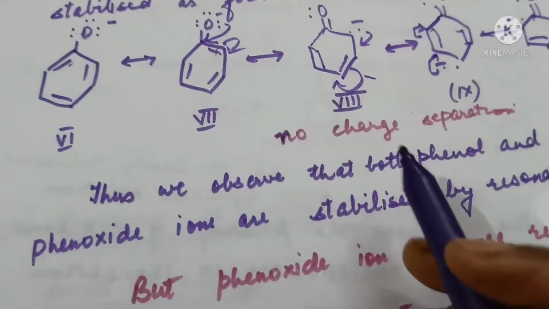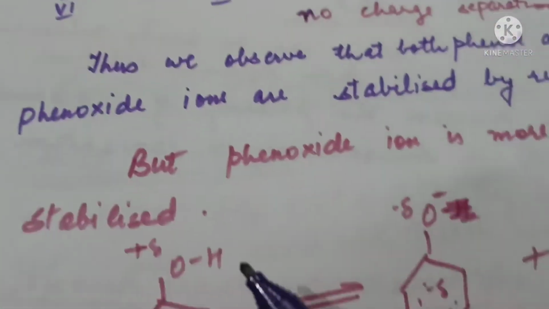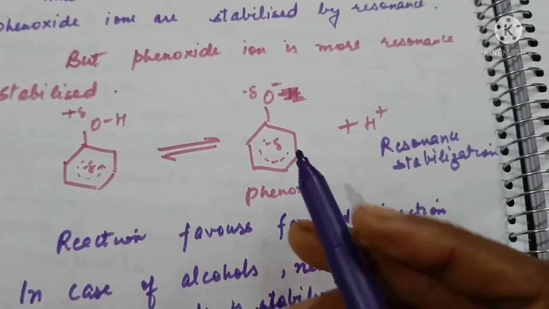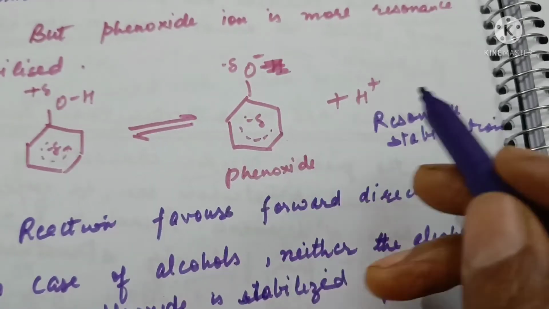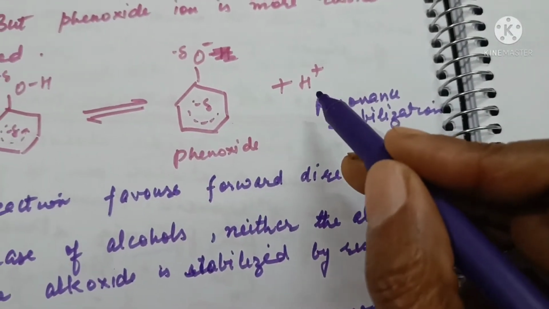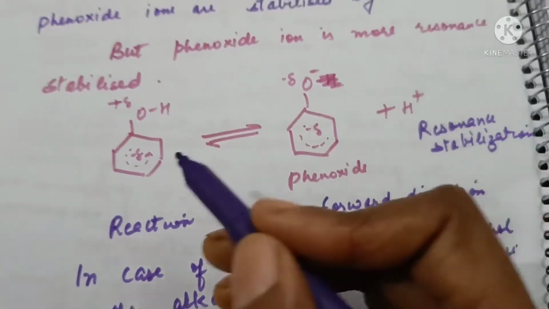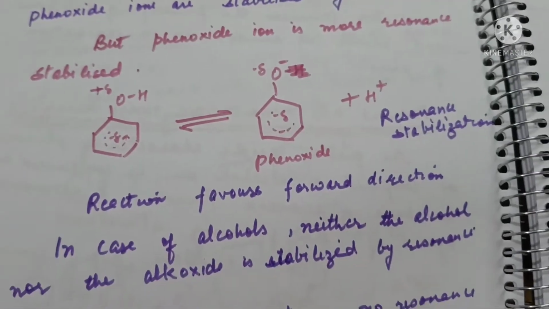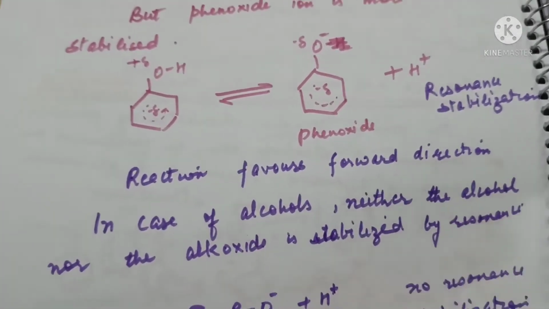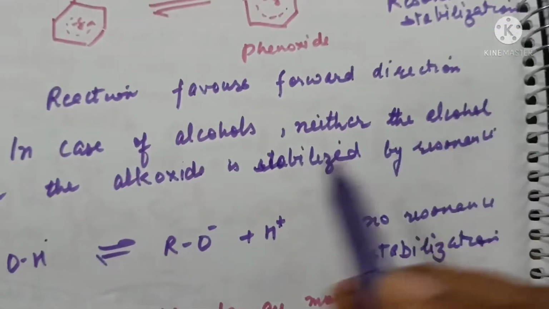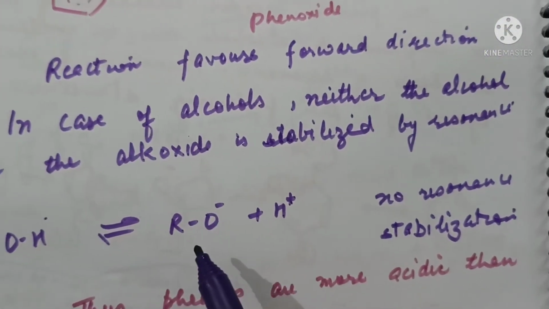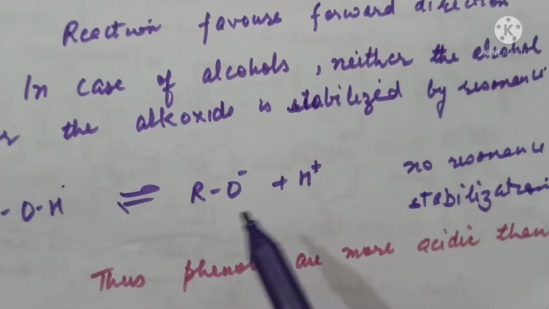So phenoxide ion is stabilized more by resonance. In this reaction, this is more stable than this, so the reaction will tend to move in the forward direction, facilitating the release of proton. Thus phenol is acidic in nature. The reaction favors the forward direction. In comparison, in alcohols, neither the alcohol nor the alkoxide ion is stabilized by resonance.